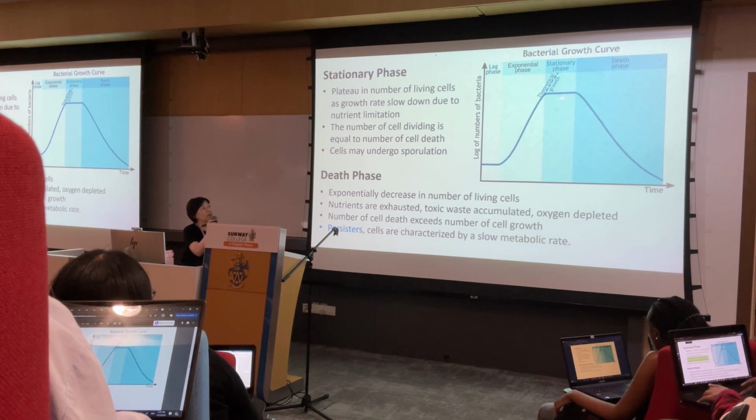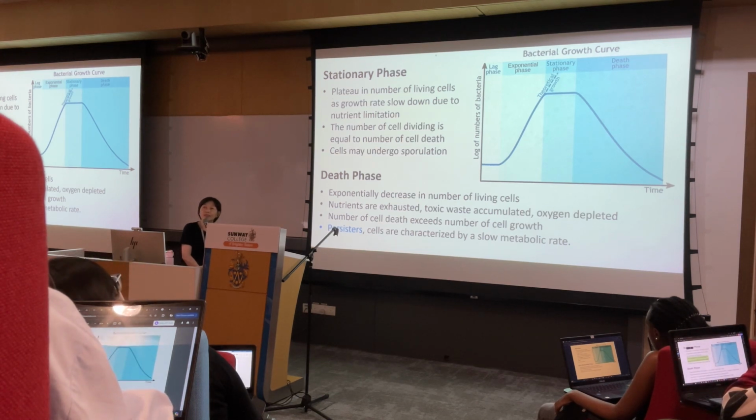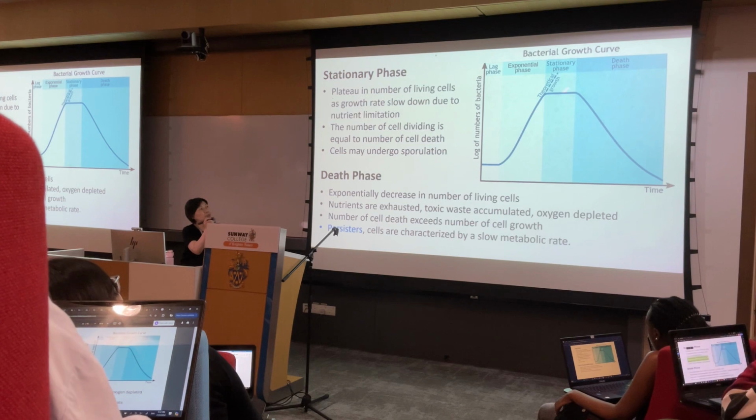But the secondary metabolites serve something else, and a lot of them undergo fermentation because of the lack of oxygen, and also they are producing toxins. Remember that I mentioned that bacteria can produce bacteriocin, which is a toxin against other bacteria. So they can probably produce it here because they're going to kill other bacteria in order to survive. Okay, so this is the time.